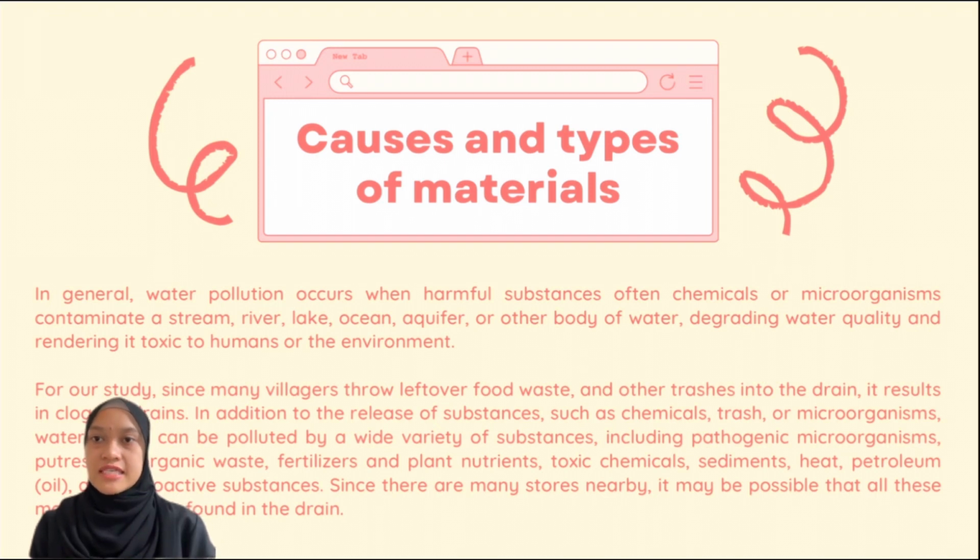For our study, since many villagers throw leftover food waste and other trash into the drain, it results in clogged drains. In addition to the release of substances such as chemicals, trash, or microorganisms, water bodies can be polluted by a wide variety of substances, including pathogenic microorganisms, putrescible organic waste, fertilizers and plant nutrients, toxic chemicals, sediments, heat, petroleum oil, and radioactive substances.